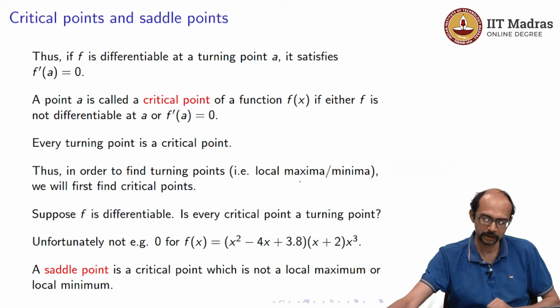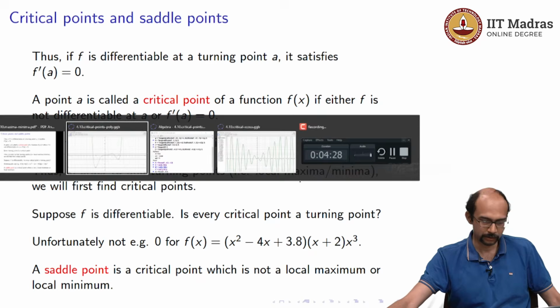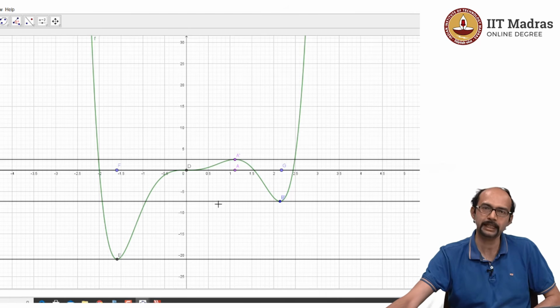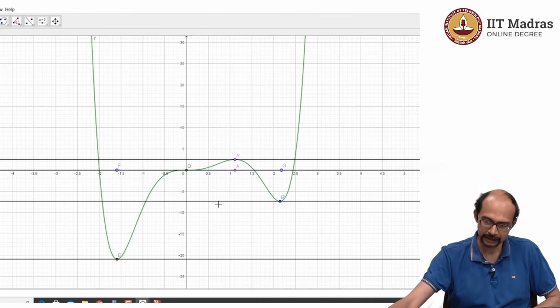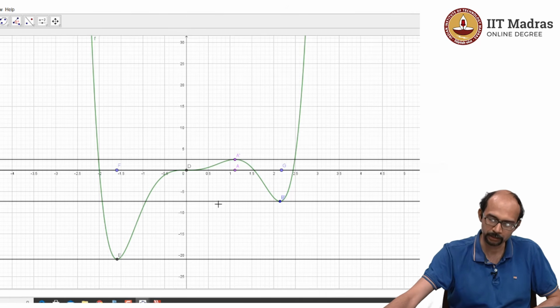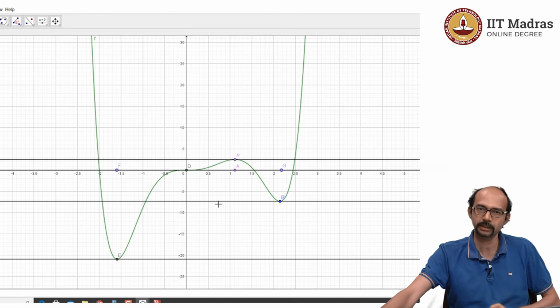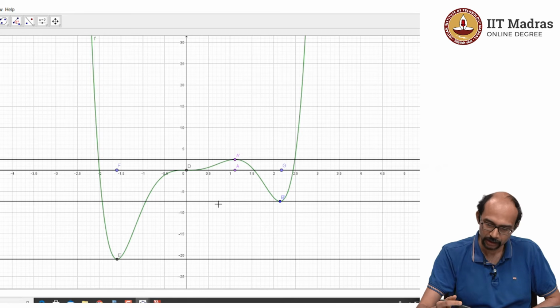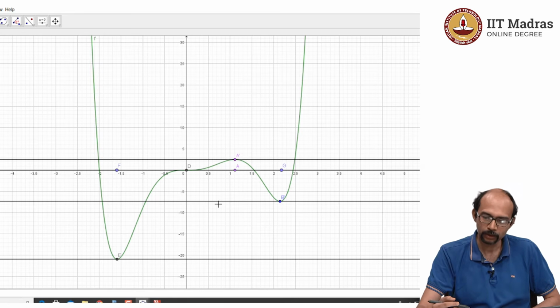So, I hope that it is clear what a saddle point is. Just to reiterate what is happening for a saddle point, there is something special happening. It is not a local minimum or maximum, but the function behaves in a slightly weird way. It is concave below before it hits that point and it is concave above after it hits that point.